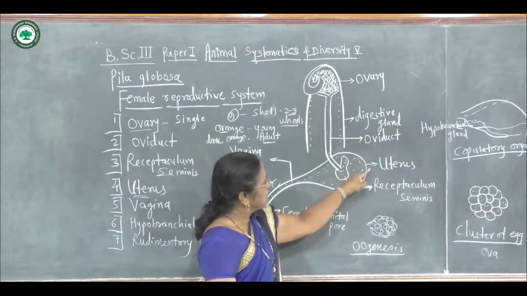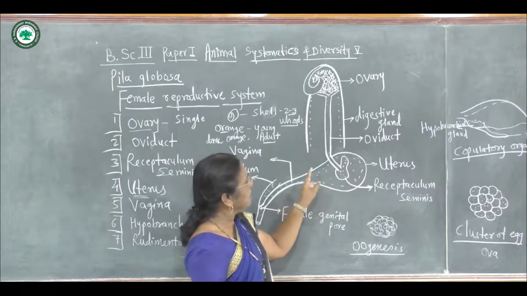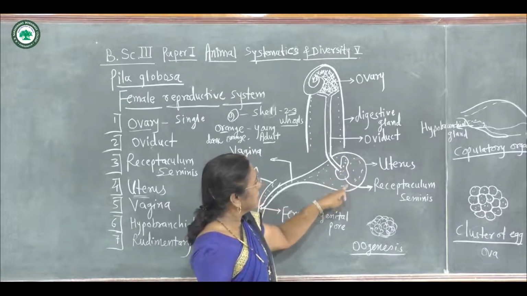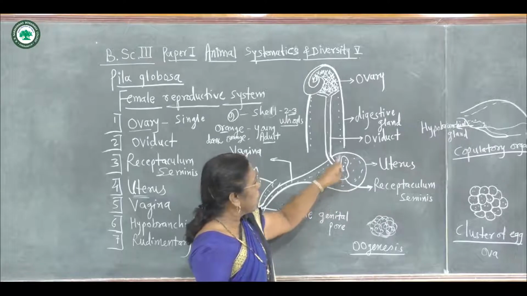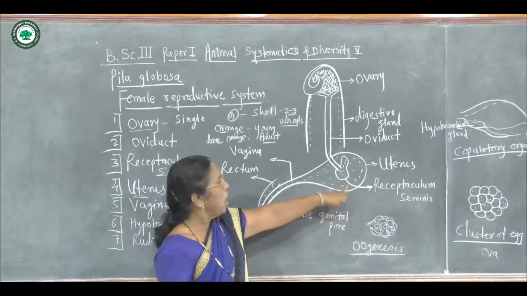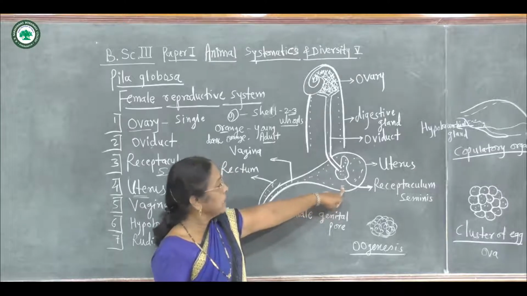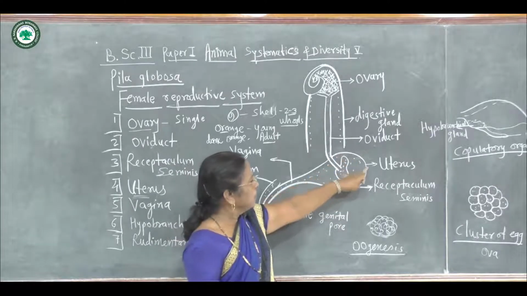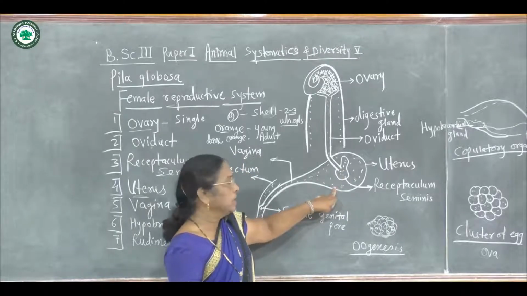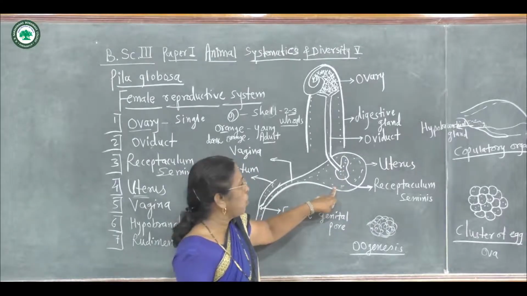The uterus is a rounded part; this is the basal part of the uterus. It is a sac-like or pear-shaped structure, yellowish or cream in color. It is situated above the intestinal coil.